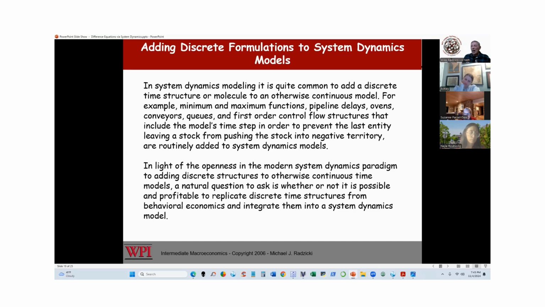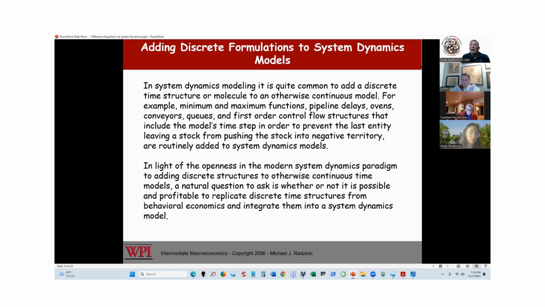Well, in a sense we are, but we're using difference equations to approximate the differential equation. We're not using difference equations to do difference equations. And if we want to do that, you don't just make DT of one. You've got to do a little bit of fiddling. So it's possibly the most misunderstood area of system dynamics.